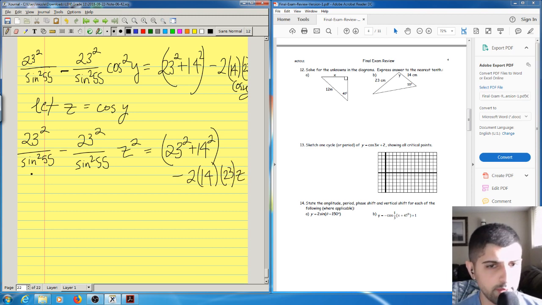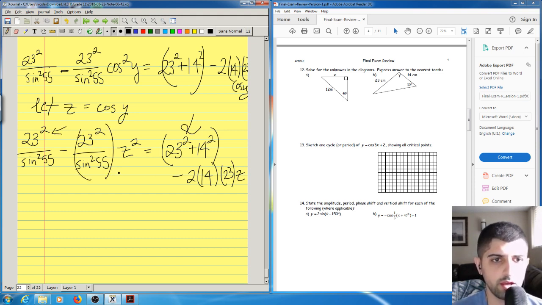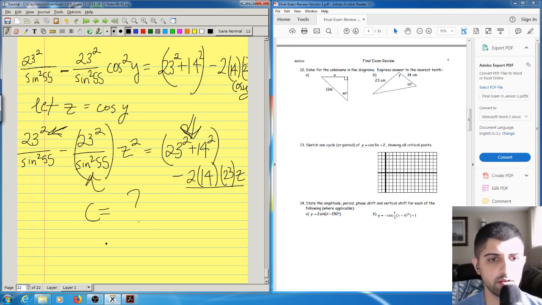Now I've got basically a constant right there, a squared term, or an a term right there, and I've got a b term right there. So these two constants become c, and then this one becomes a, and this one becomes b.